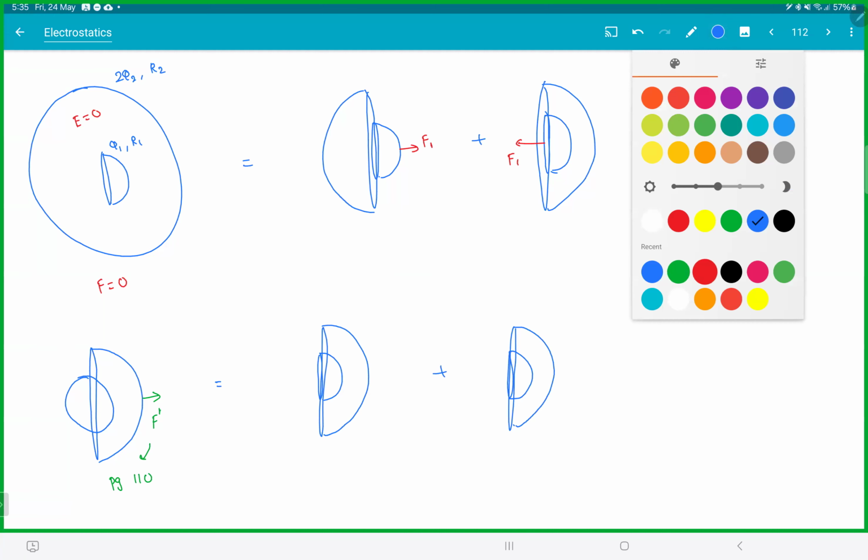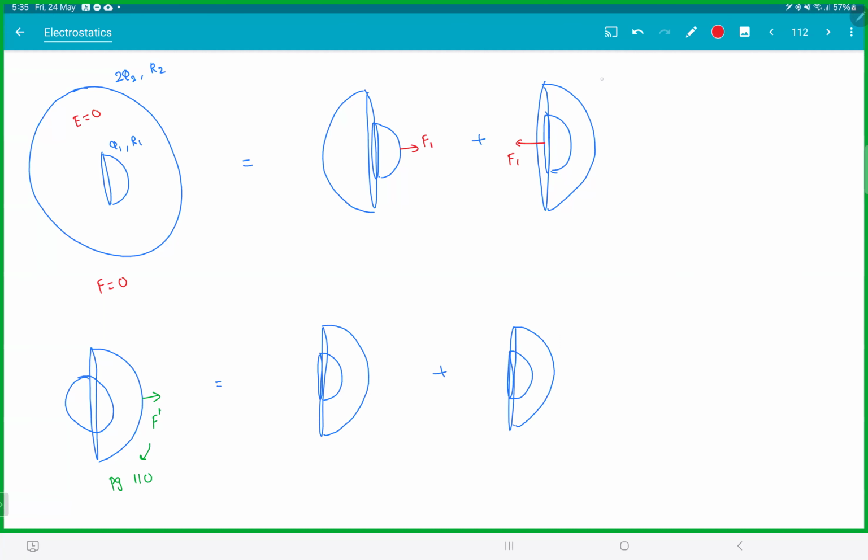That means now if you look at this by symmetry, this and this, I think I wrote the same thing. Agreed? Now by symmetry, this is F1. These two are the same, no?